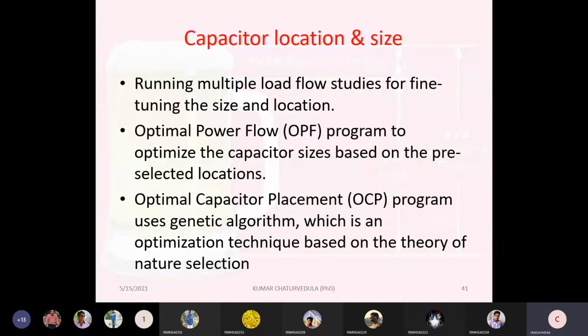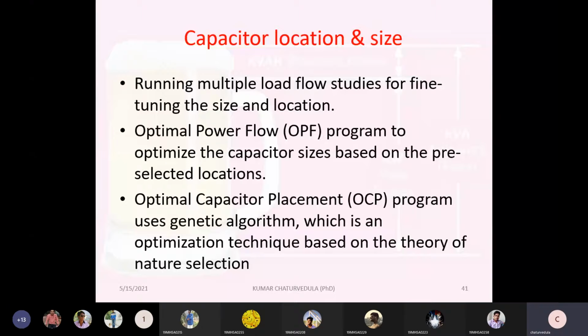And the third one is the genetic algorithm. This is one of the famous optimization techniques, based on the theory of natural selection. You select the fittest of all the chromosomes, the best-fit chromosomes are considered, and based on that you run the process.